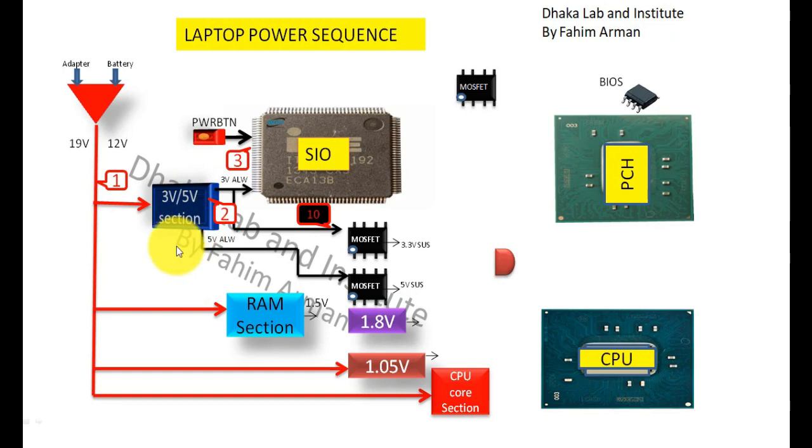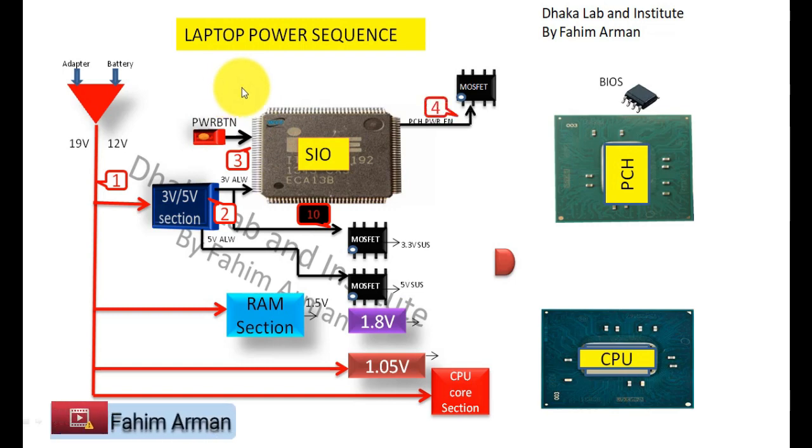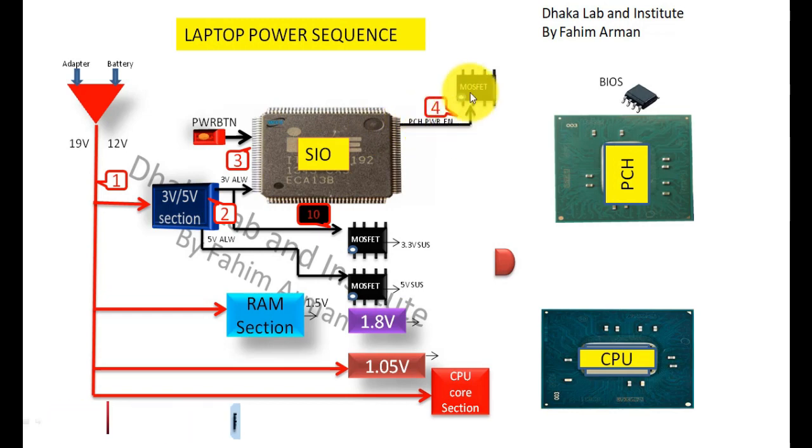And this was before the power sequence. After we press the power button, the signal will pass to SIO, then SIO will pass PCH power enable to that MOSFET.